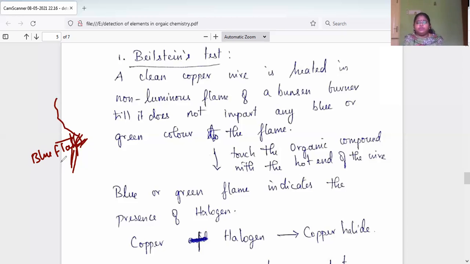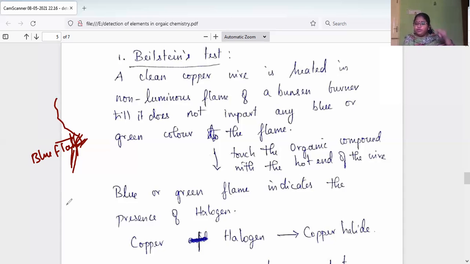You have to heat it till that color goes. Then touch the hot end of the copper wire to the given organic compound, and again keep it in the non-luminous flame.